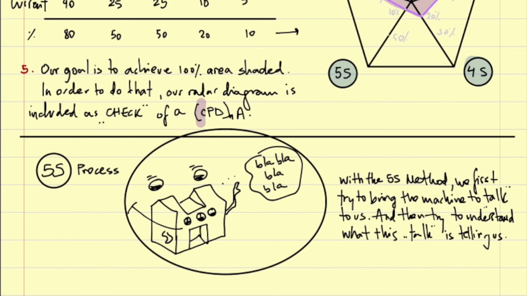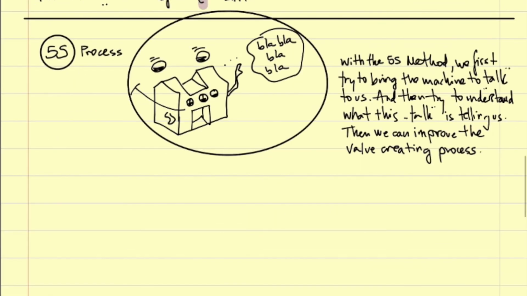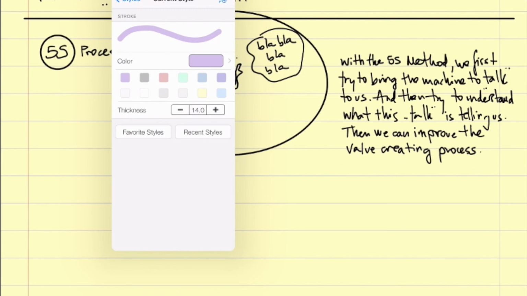Okay, then this is the condition to improve the value creating process. So with 5S we are creating the conditions for increasing value.